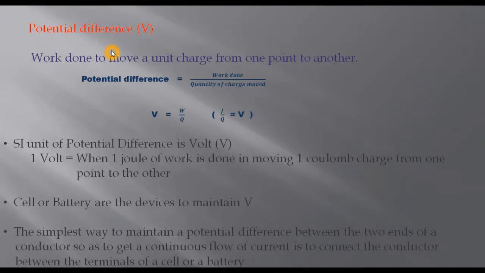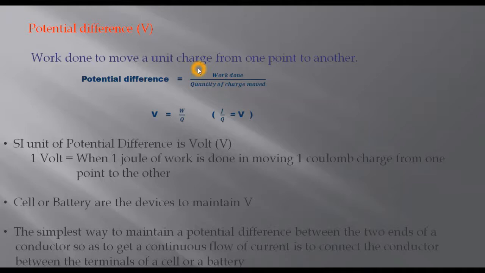So what does the battery do? The battery does some work, because the battery has to do work to move the charges from one point to another. So what is potential difference? That is nothing but the work done to move a unit charge from one point to another point.